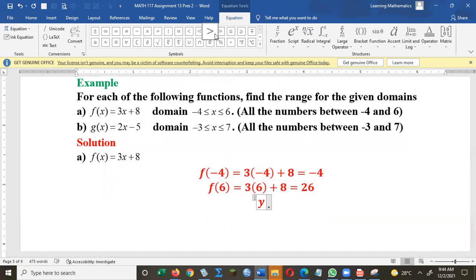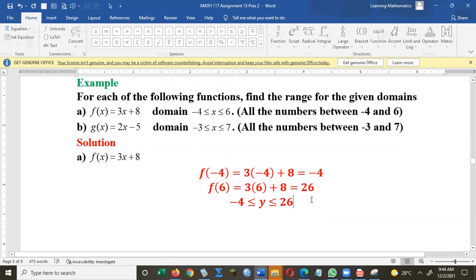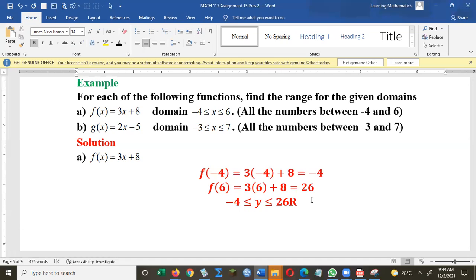Then we use that same symbol, greater than or equal to. You put the smaller number, -4, less than or equal to 26, and that is the range. Simple as that.